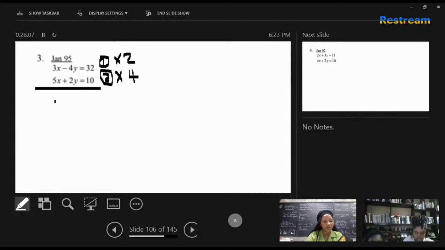That would give us 6x minus 8y equals 64. And for the bottom, that would give us 20x plus 8y equals 40.